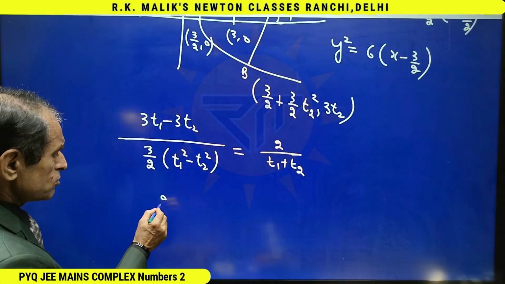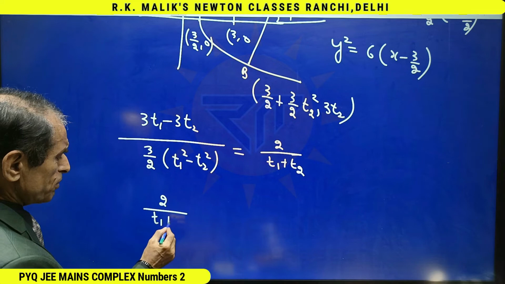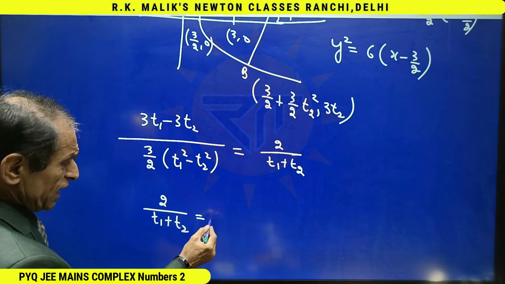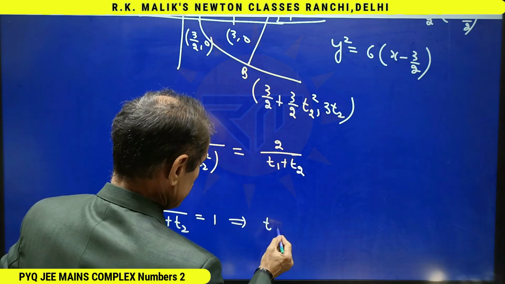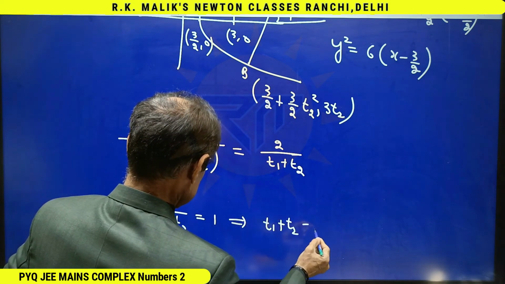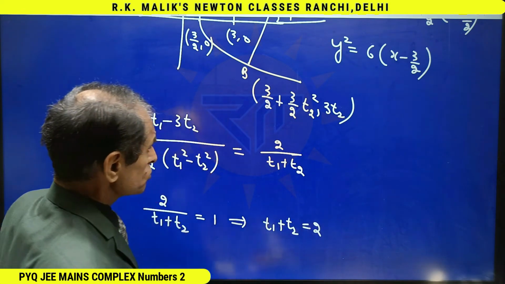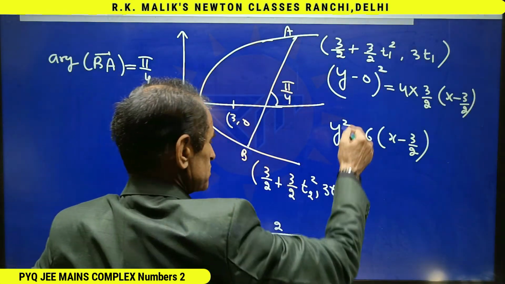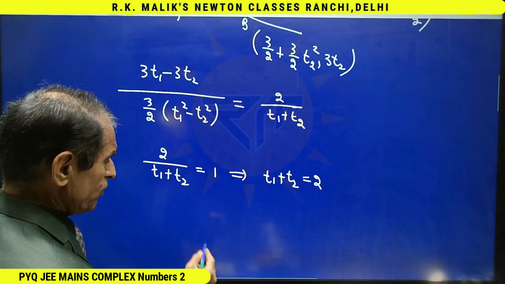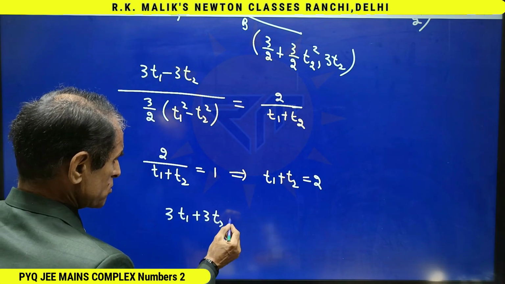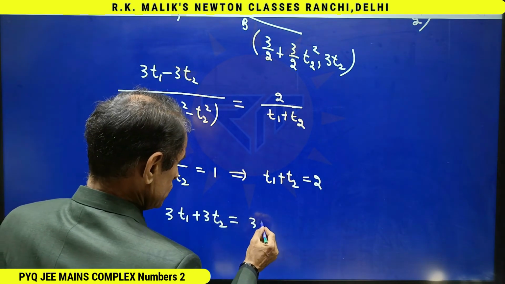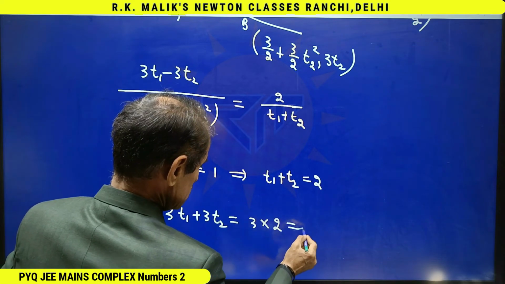And clearly 2 by t1 plus t2 is tan pi/4, that is 1. That is, I can say t1 plus t2 is 2. Hence 3t1 plus 3t2 will become 3 into 2, that is 6.